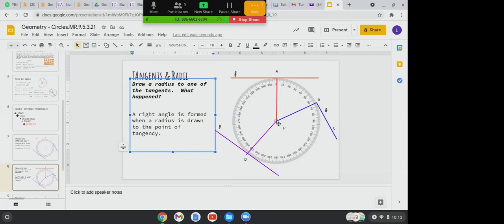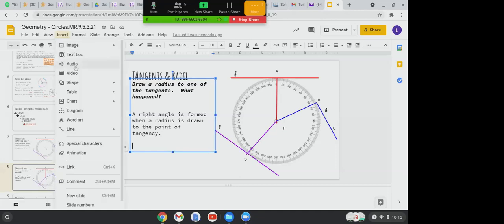So here we have angle PBC, right? And angle PBC is made up of the radius from P to B, and B is the point of tangency, the point where line H hits the circle.